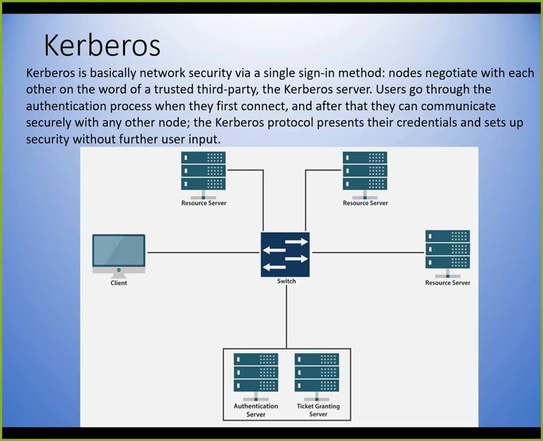Before Kerberos, Windows had an Active Directory that didn't use Kerberos; it used a similar process, but different authentication protocols. So users go through the authentication process when they first connect, and then they can communicate securely with the other nodes. The Kerberos protocol presents their credentials and sets up security without further input.